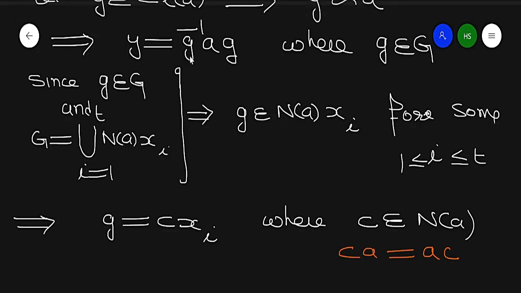So I am talking about Y. This g is c x_i, so just substitute this value of g at this place.